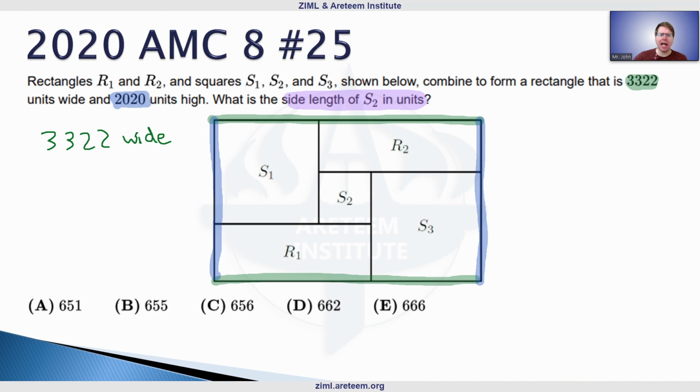There's a lot of ways you could go about doing this calculation. For example, maybe you would say, okay, we take the length of R1 and then the side length of S3. That would give us that 3,322 wide. You could also do the side length of S1 and the length of R2. So you have all of these different ways of expressing it.